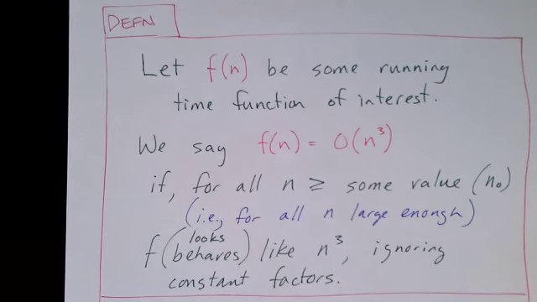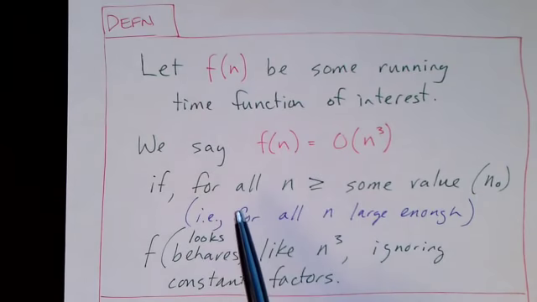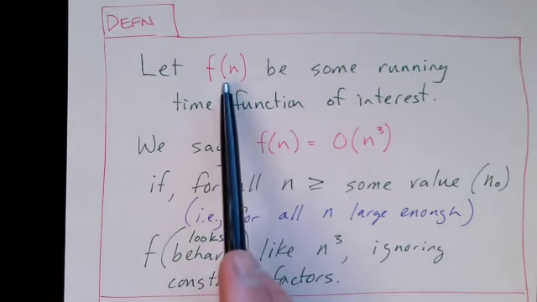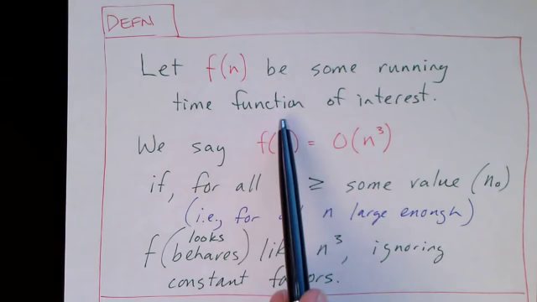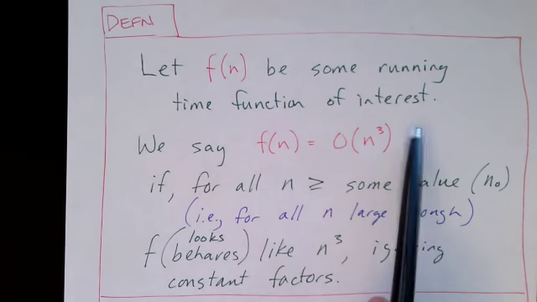Next we'll give a precise definition, but before we give the precise definition of order notation, let's summarize it here. So let f be some running time function of some algorithm that we're interested in.